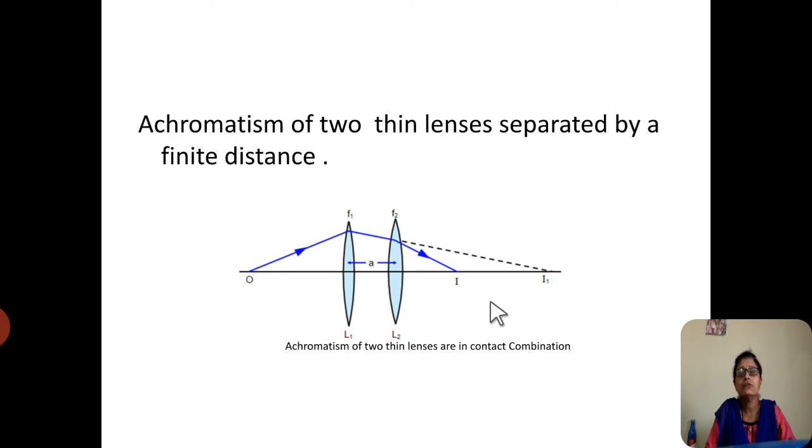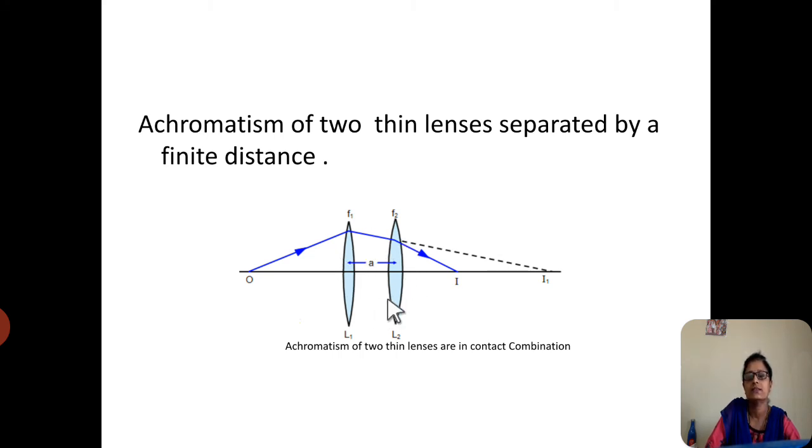Now we have to discuss achromatism of two thin lenses separated by a distance. Consider L1 and L2 as two convex lenses separated by the distance a, so that they act as an achromatic combination.